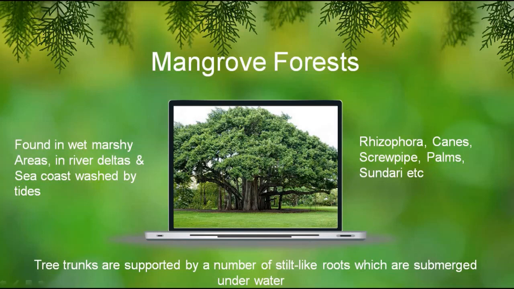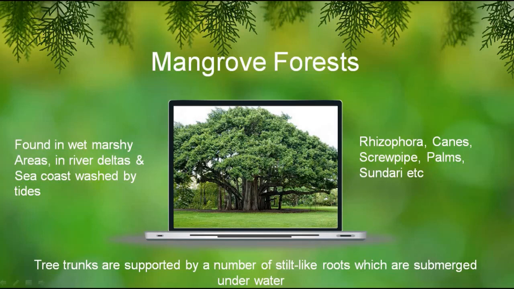And a special feature of this tree, just observe here. This is a banyan tree, and from the branches the roots come out. Children play on them like a swing. Tree trunks are supported by a number of stilt-like roots which are submerged under water.